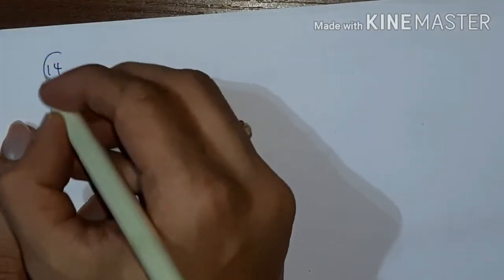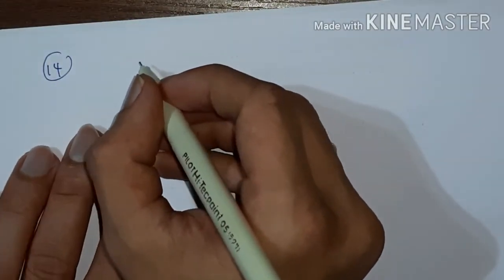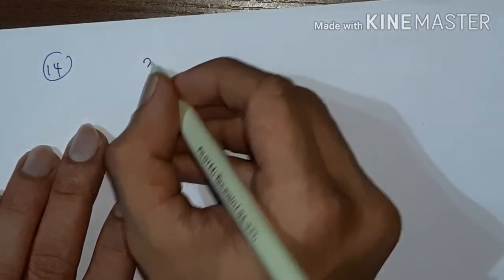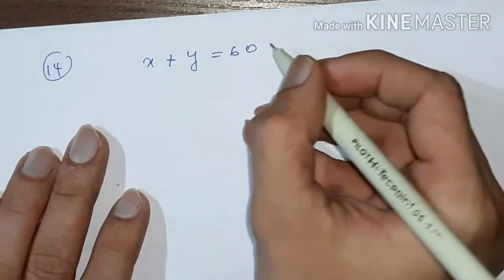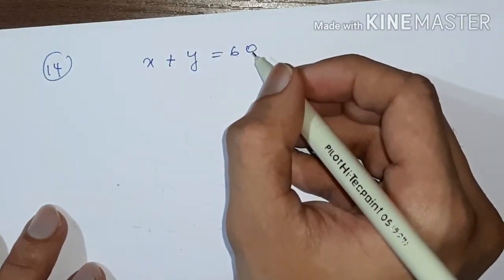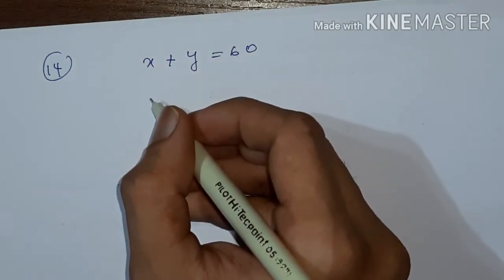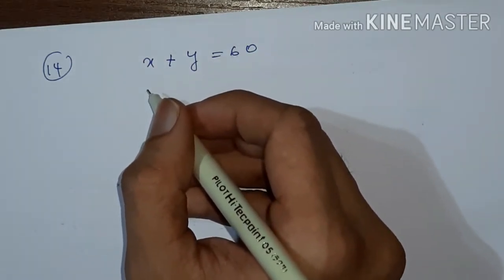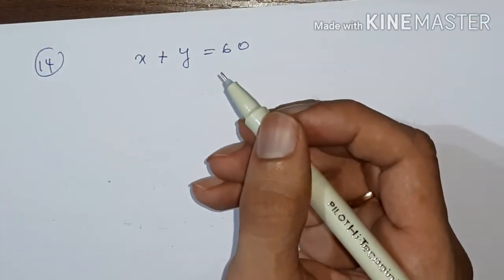Now what you are given are the two numbers x and y, with x plus y equal to 60, their sum is 60. We have to find the maximum of the function x multiplied by y cube.